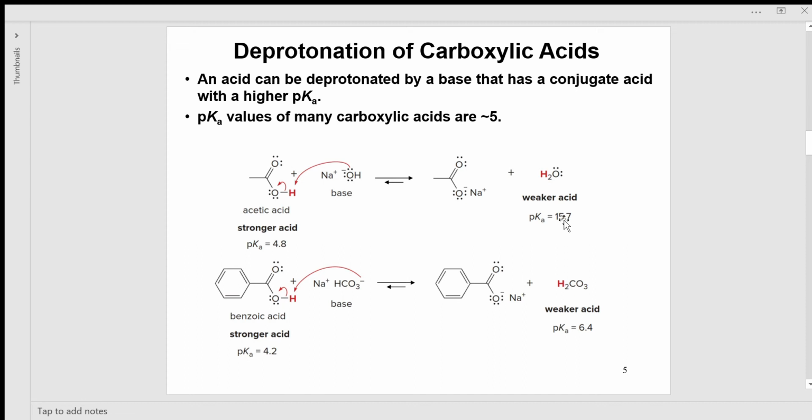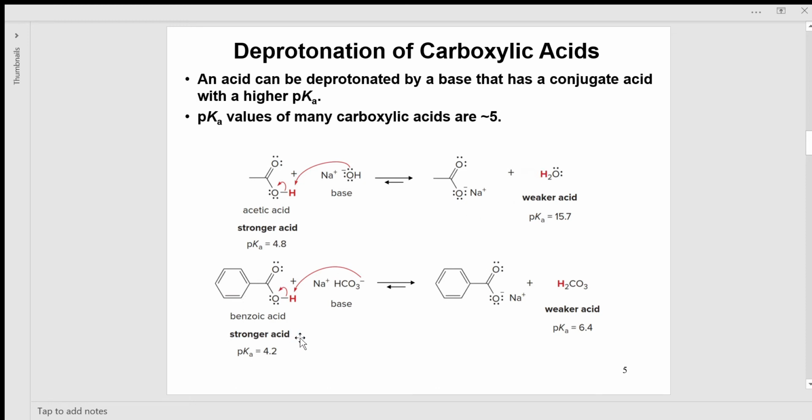So we definitely need to understand what pKa is. pKa is only for acid. There is no pKa value for base. So the lower the pKa value, the stronger the acid is. In this case, the acetic acid is a much stronger acid than water. So the reaction favors the formation of water.